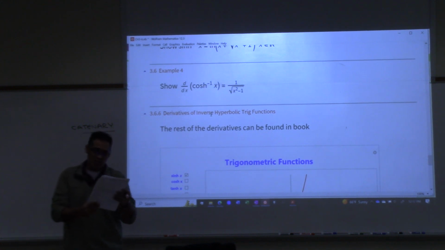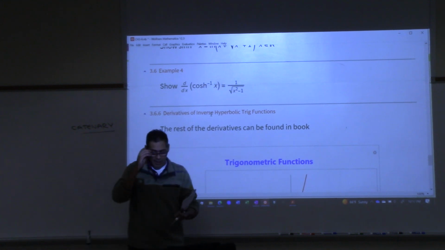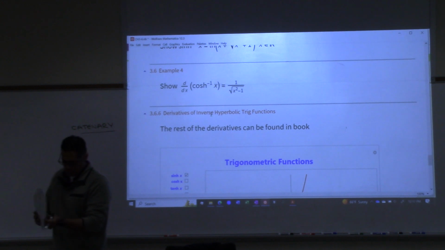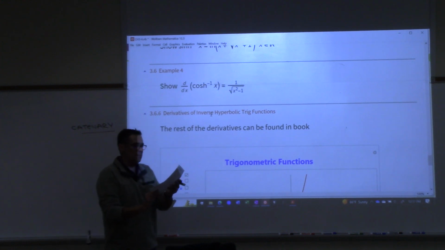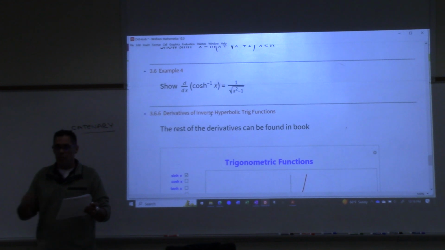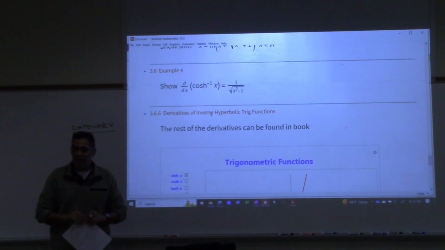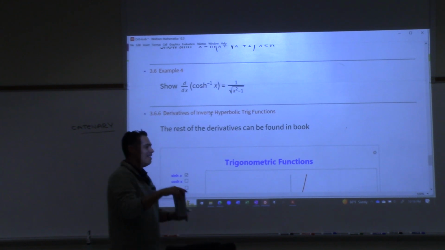Identities, no. I don't see identities here. But you're not going to need them. But you do need to know their derivatives. So on reference page 5, at the very bottom, inverse hyperbolic functions, those are all the derivatives for the 6 inverse hyperbolic trig functions.